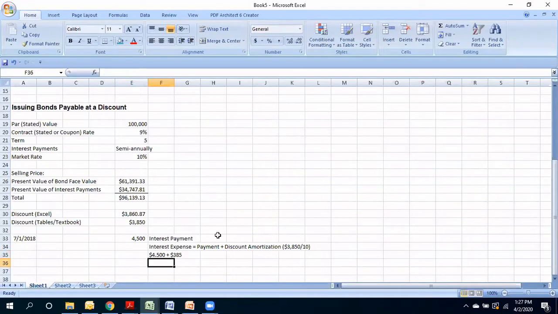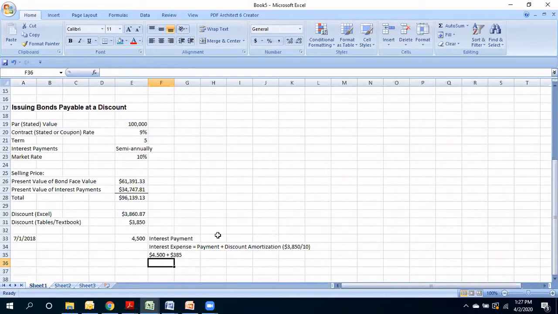We don't pay the bondholders this $385. The bondholders get the benefit of the discount when the company, when Southwest, pays the bonds back at full par value in 5 years.